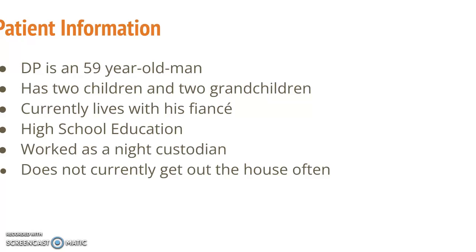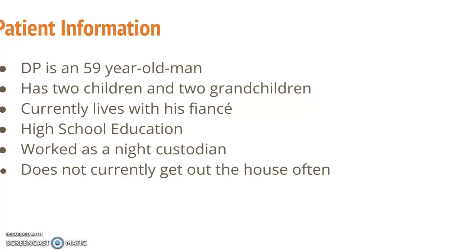My patient that I currently have the pleasure of working with at LI Speech at the Wantagh location is DP. DP is a 59-year-old man. He currently has 2 children and 2 beautiful grandchildren that he loves to show pictures of.